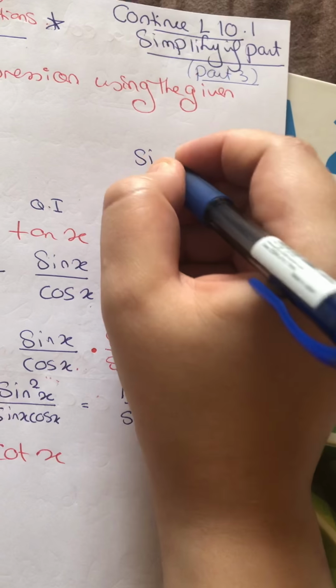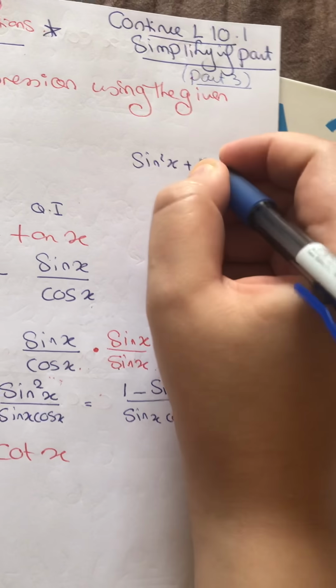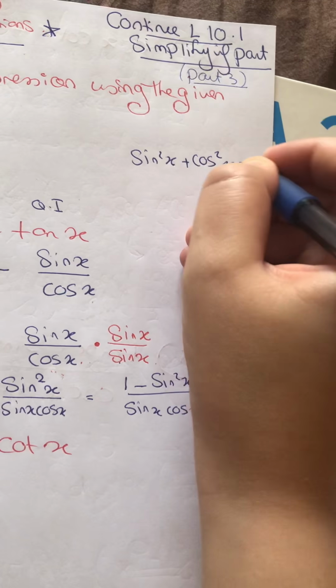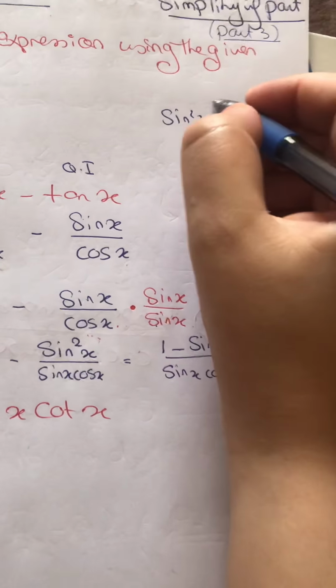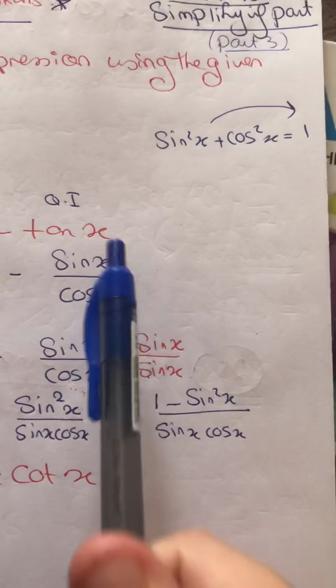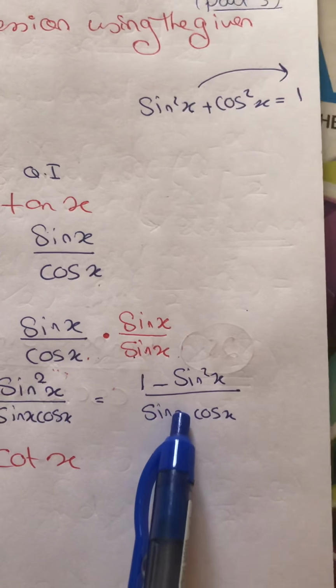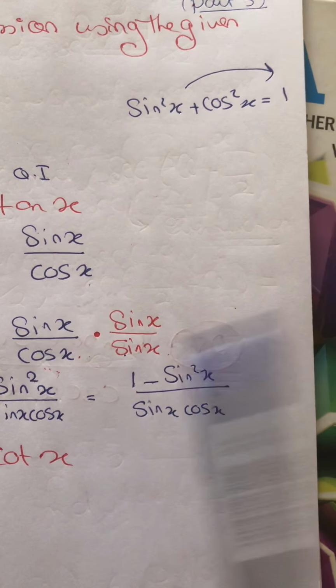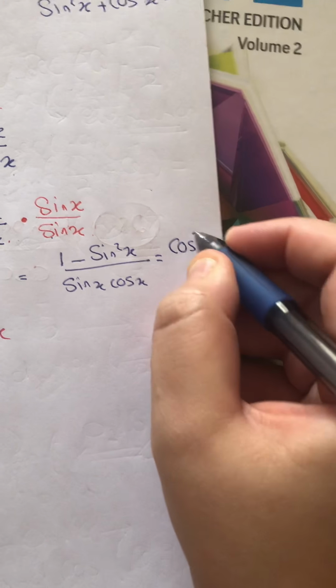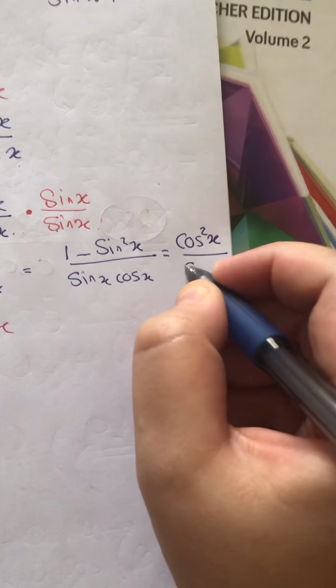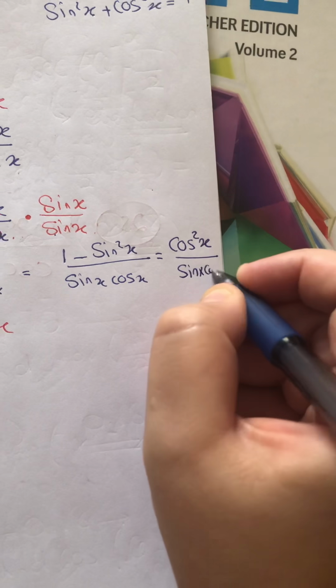I have one Pythagorean identity that's called sine squared x plus cosine squared x equals 1. It's very important to know how to deal with these identities. Now 1 minus sine squared x is very obviously cosine squared x, at least to me, so it's cosine squared x over sine x cosine x. What will happen?